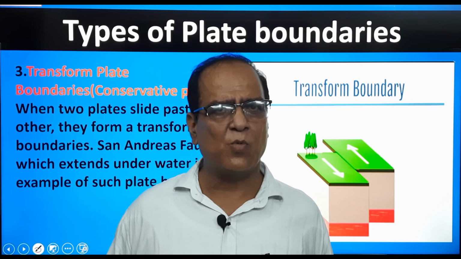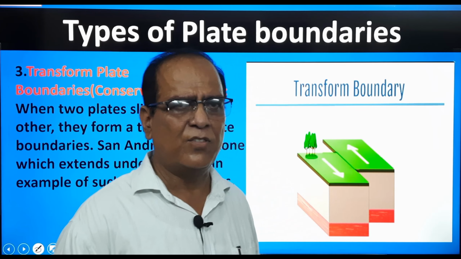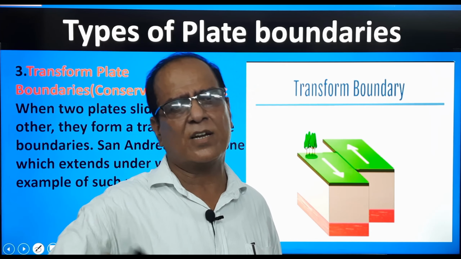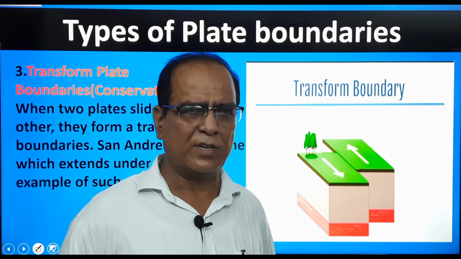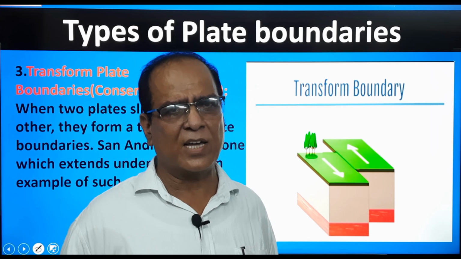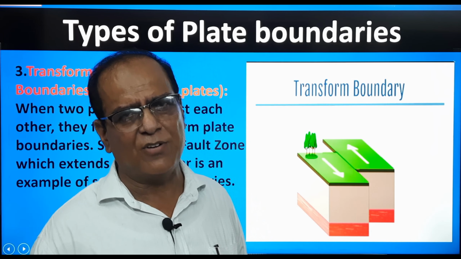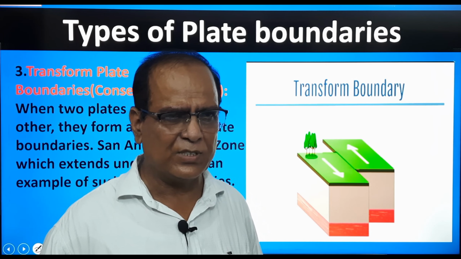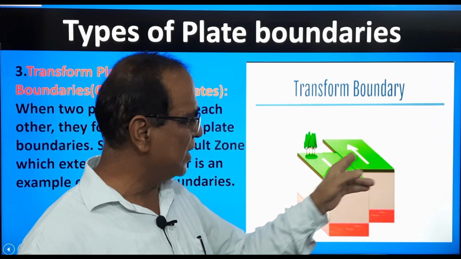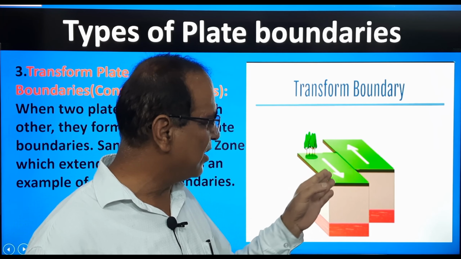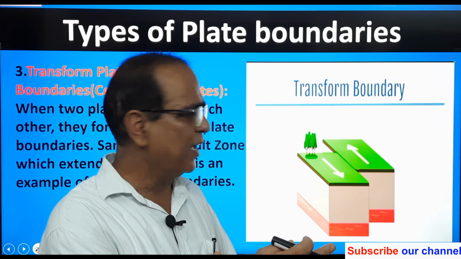I am just putting up one example: in the eastern part of Africa, there is a long linear rift valley which runs for miles together, and that part has been used by bushmen for probably animal rearing and other activities. So this is it. Here you can see in the figure, two plates are shown, and these two plates are sliding past each other.